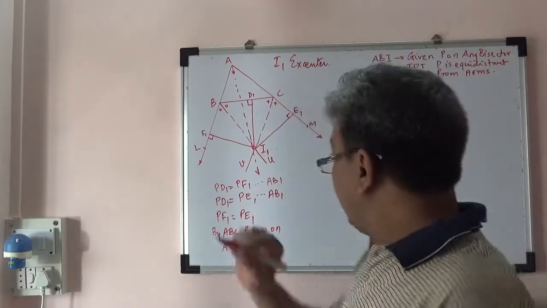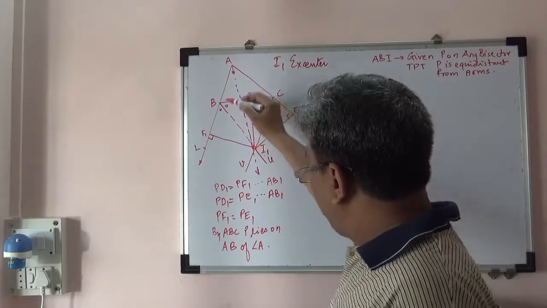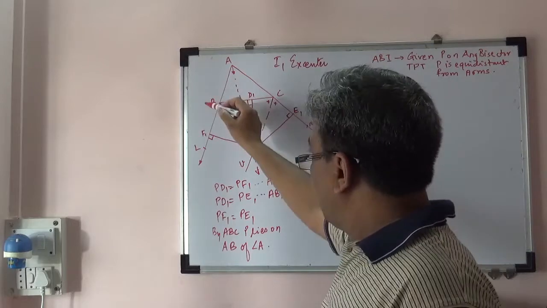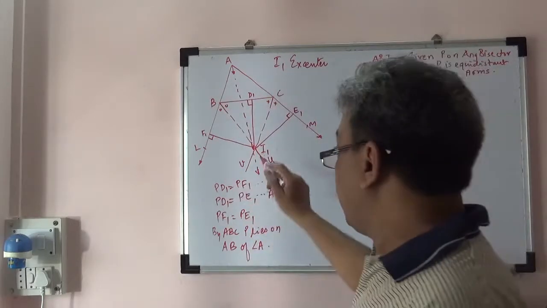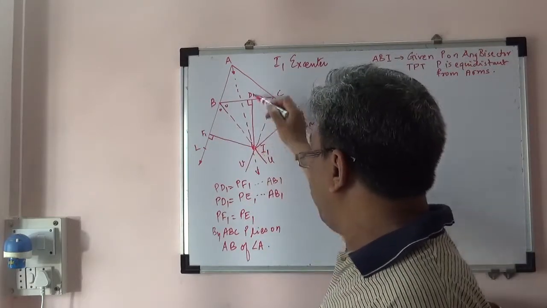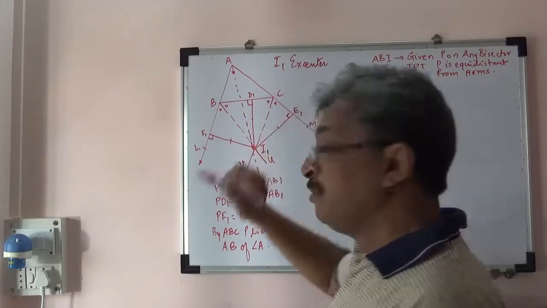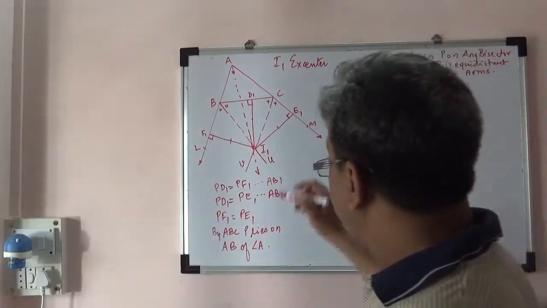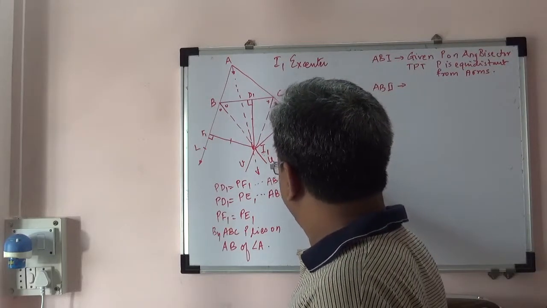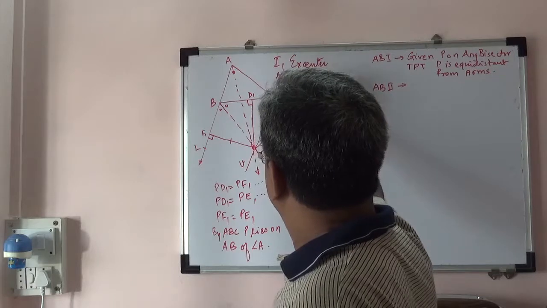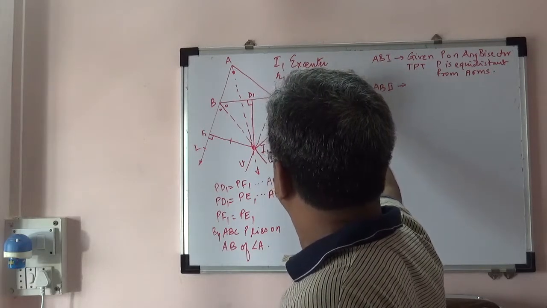If you observe, I1 is equidistant from arm AB, arm AC and side BC. Therefore I1F1, I1D1 and I1E1 are equal, similar to the inradius. This is called the exradius and denoted by R1.